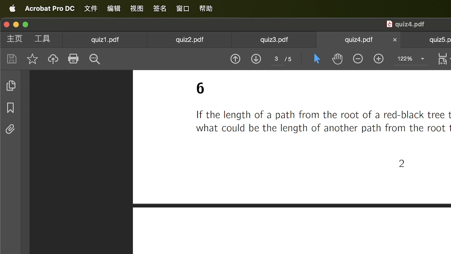Because we know that a path can be at most twice as long as another, if we pad it with red nodes, right? So we already know one of the paths is 100, so we cannot get 30 and 45 because they're smaller than half of 100. But it is possible that we have another path with 180 because 100 is larger than half of 180, right? That is by definition.